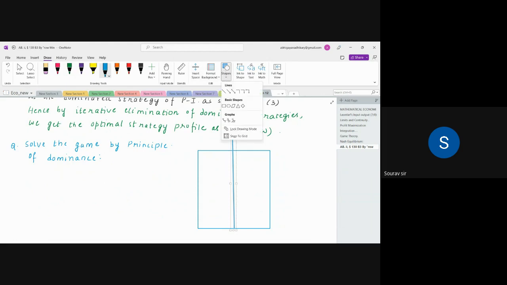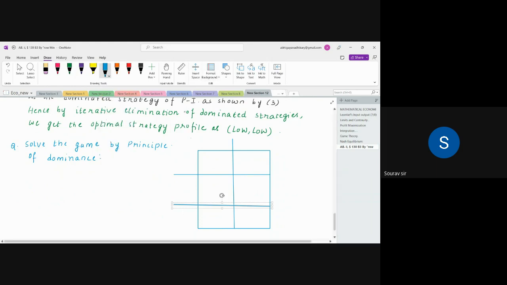Player 1 will have 3. Let's say I name them as A1, A2, A3, B1, B2.